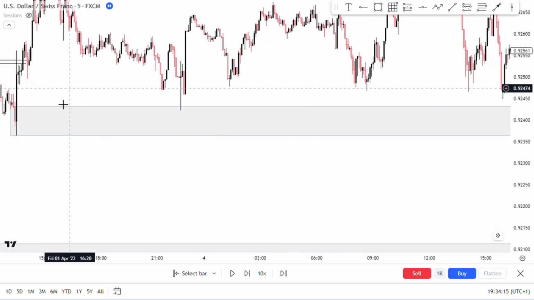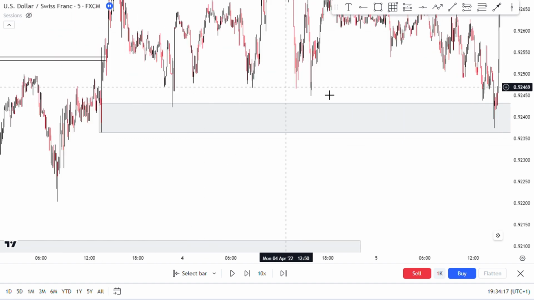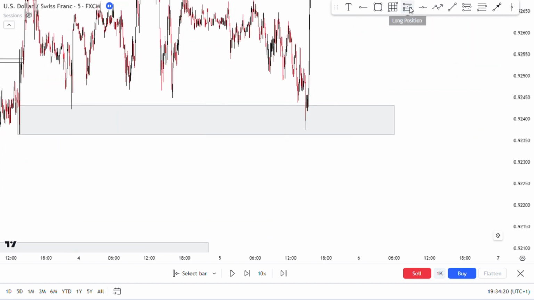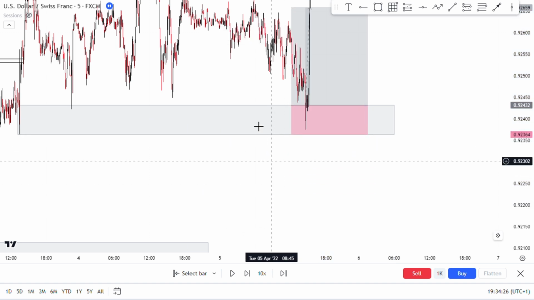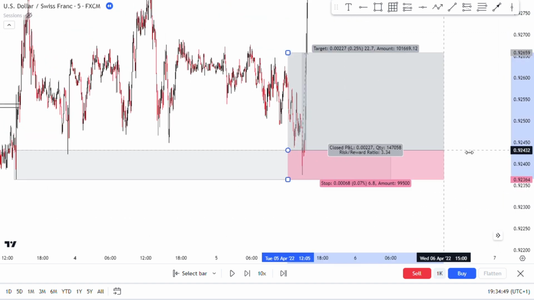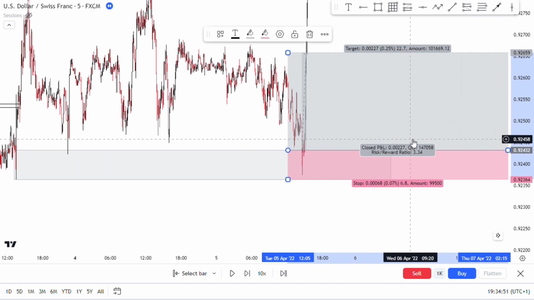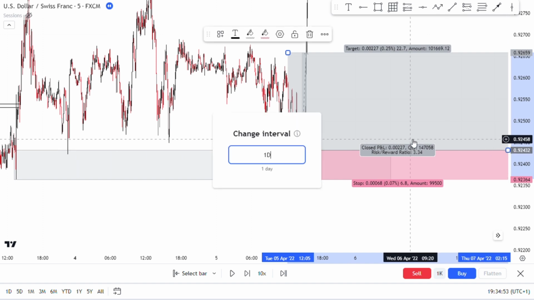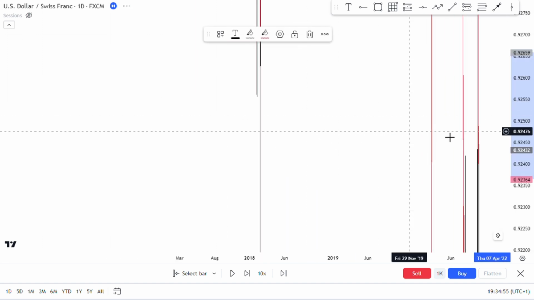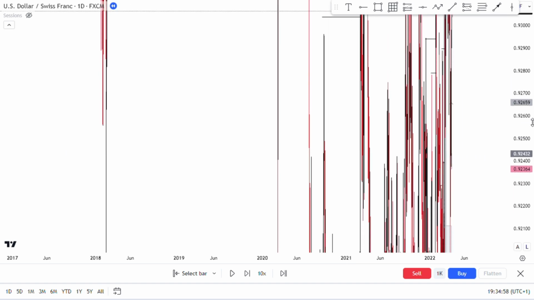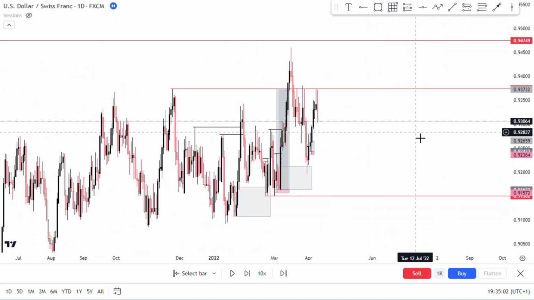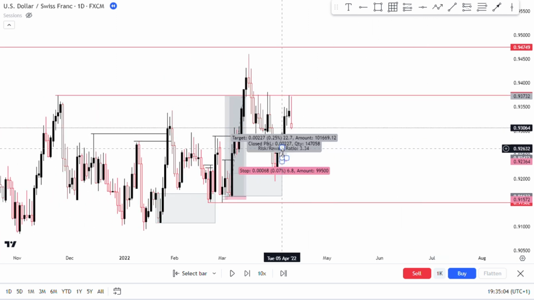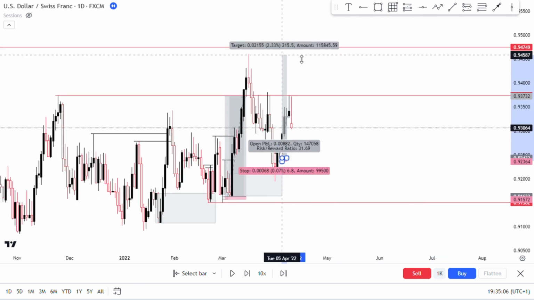But if you also like to use this particular order block, let's check the ratio that this one is going to give. Entry. We're going to set our entry here, then our stop loss, so we're going to set it below here. And then for our take profit, we go back to the daily time frame to set our take profit. So right now on the daily time frame, you can set your take profit using this particular high.